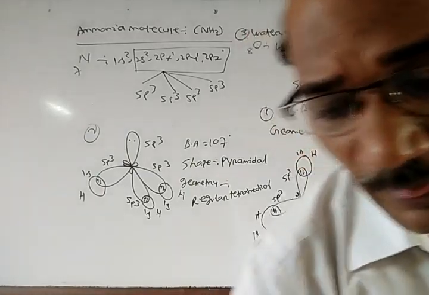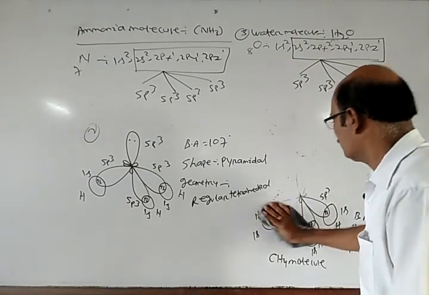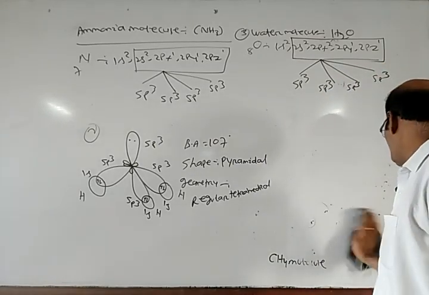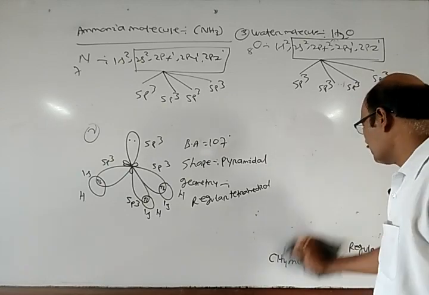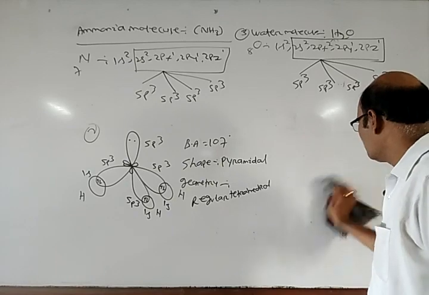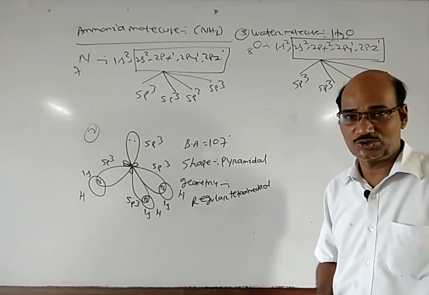But here you see, in these four sp3 hybrid orbitals, the 2s2 and 2px2 mean that two hybrid orbitals have two electrons each, that is, paired electrons.